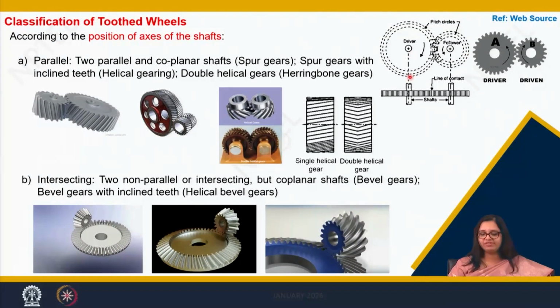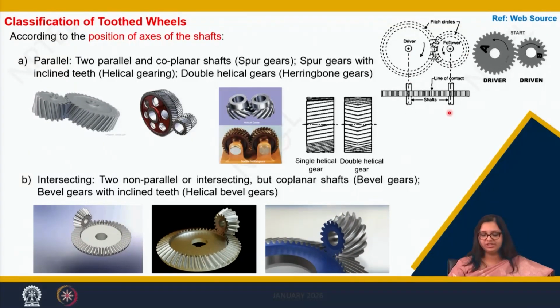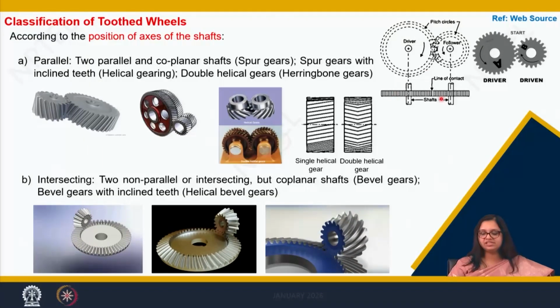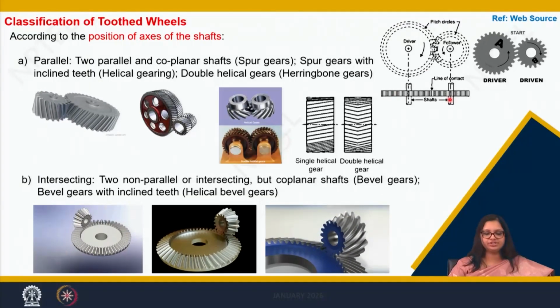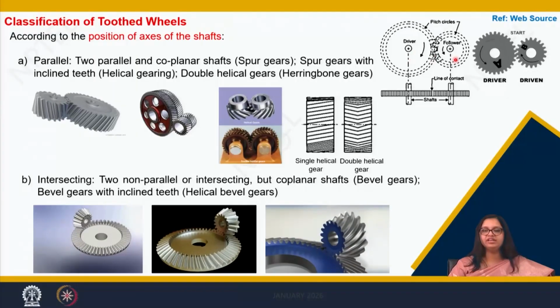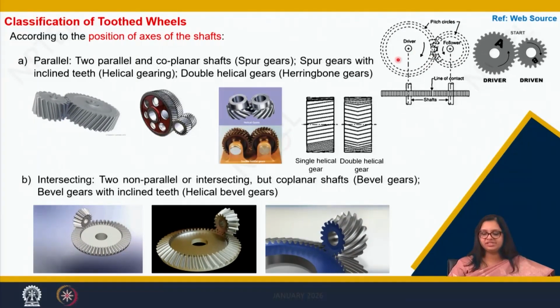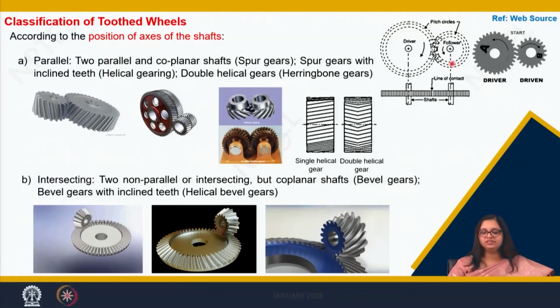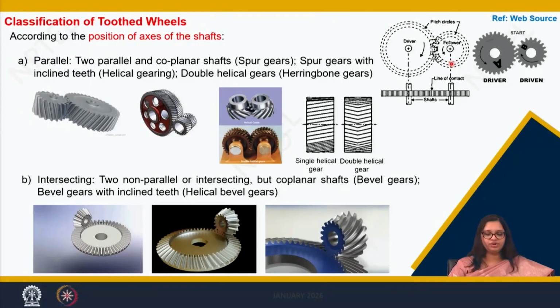Now when the shafts are parallel to each other and the gears are meshed in this configuration, we call them spur gears. These are two parallel and coplanar shafts. If you see these two shafts, they are in one plane. Here you can see the driver is rotating in the clockwise direction and the follower is rotating in the anti-clockwise direction; this we call the driven gear or the follower.